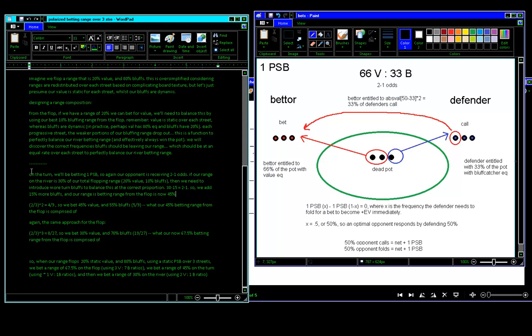An easy way to figure that out is to take 2/3, which is the frequency we're using on the river, and put it to the power of 2. So you get 4/9. And this gives us the correct rate.